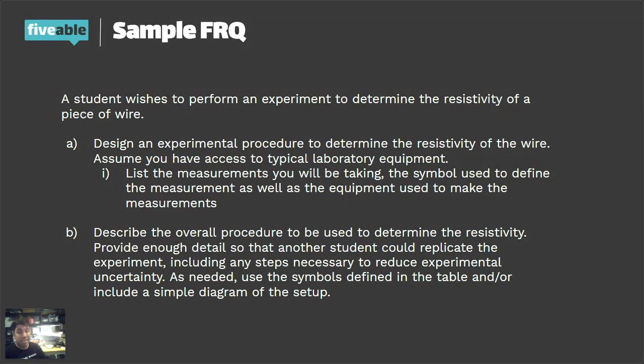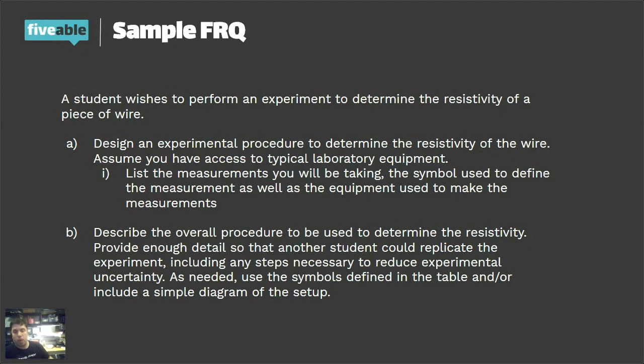But let's take some time to think about it, because based on this stream today, you all have the tools you need to solve this experimental task. Reading through this, a student wants to perform an experiment to calculate the resistivity of a piece of wire.